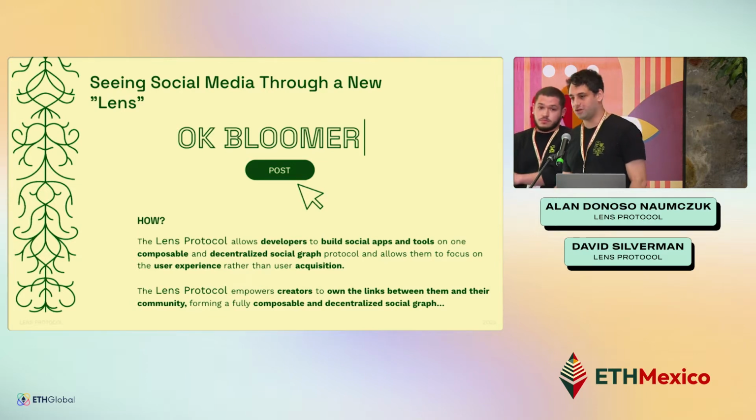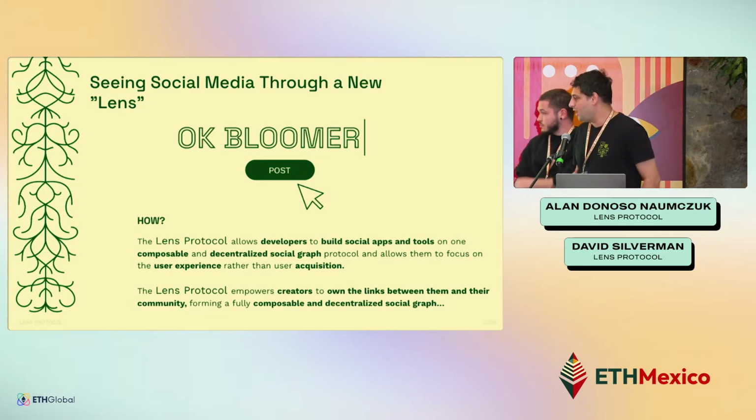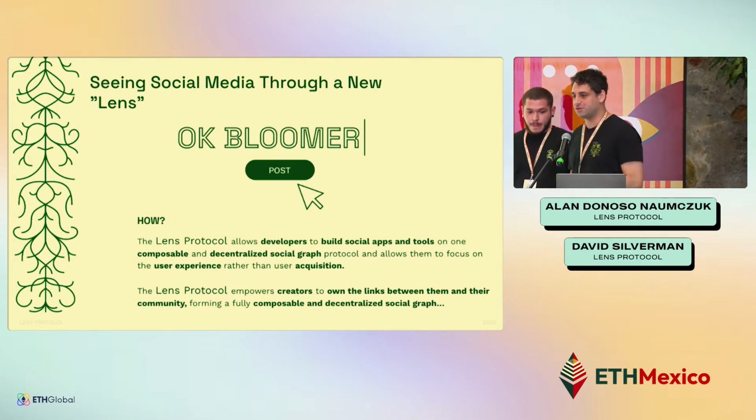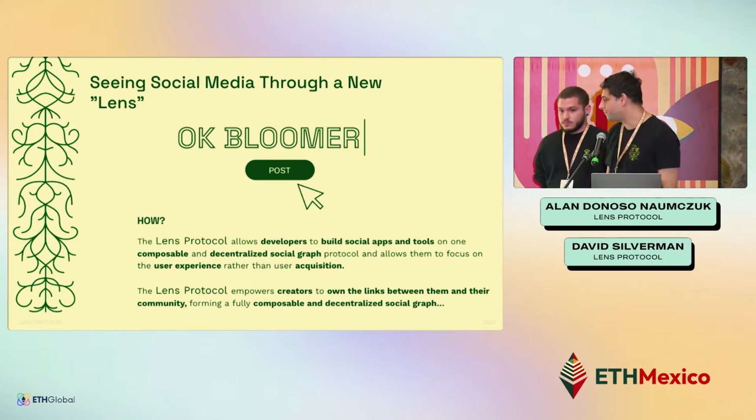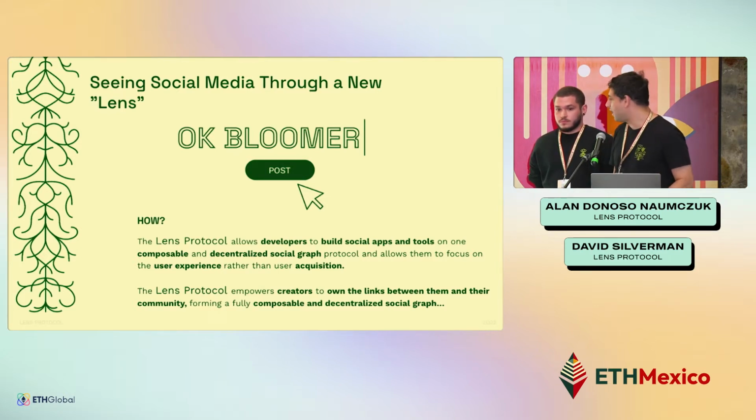This allows you to focus on the user experience instead of user acquisition. The user of one's Lens app is also the user of another. Fundamentally, all of the data belongs to the user and they choose how to share it. The Lens protocol additionally empowers creators. You can post from a singular front end and it will go to your audience regardless of what app they are using. They own the links between themselves and their community, and it forms a fully composable social graph.